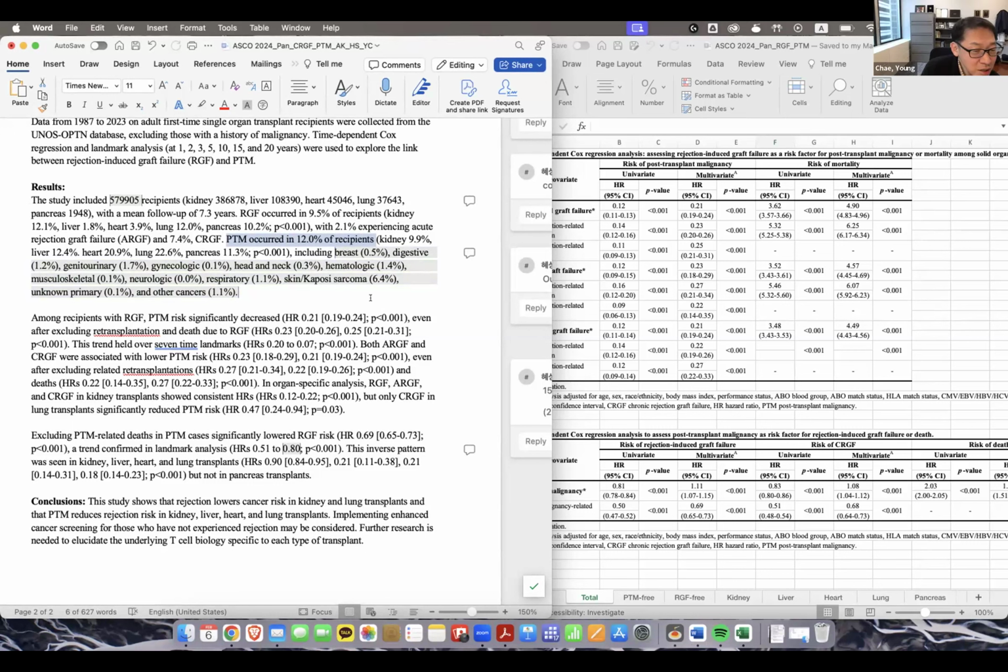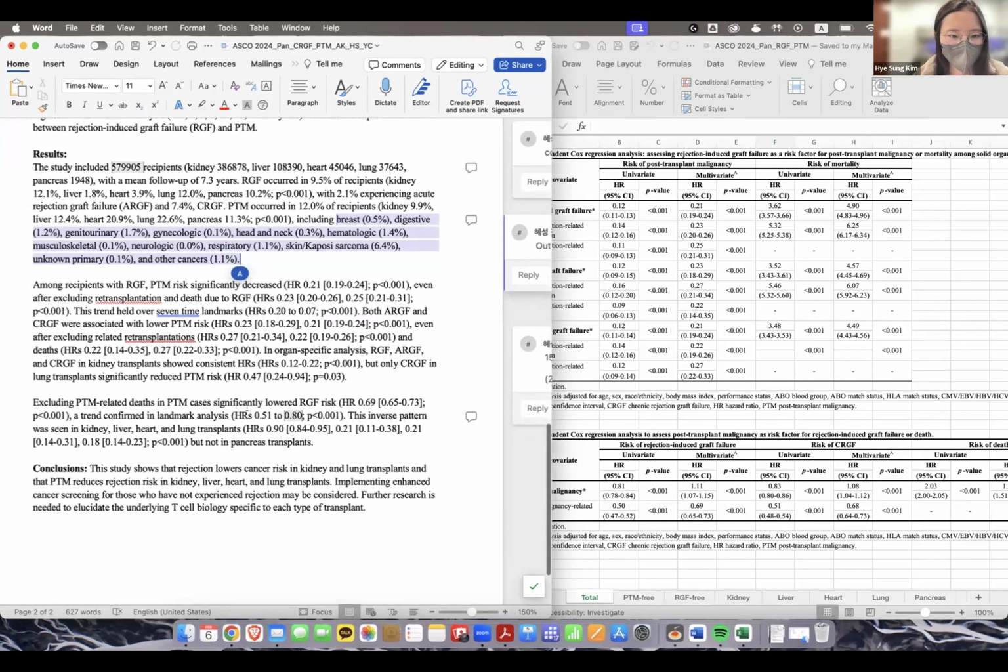So including breast, GI, where's lung? Lung, I put it in respiratory. Oh, respiratory. These are all like the NIH cancer type by system, so it's NIH official. I think it's fine.